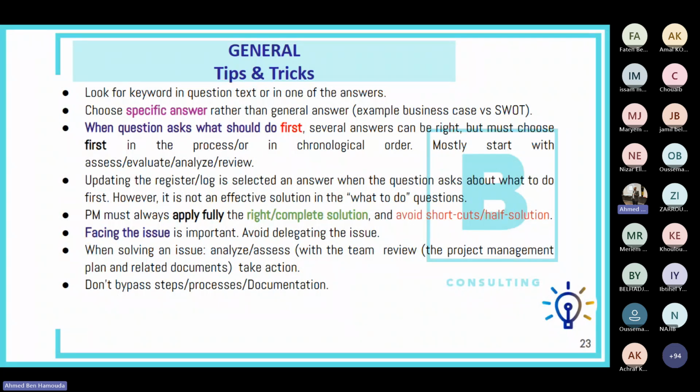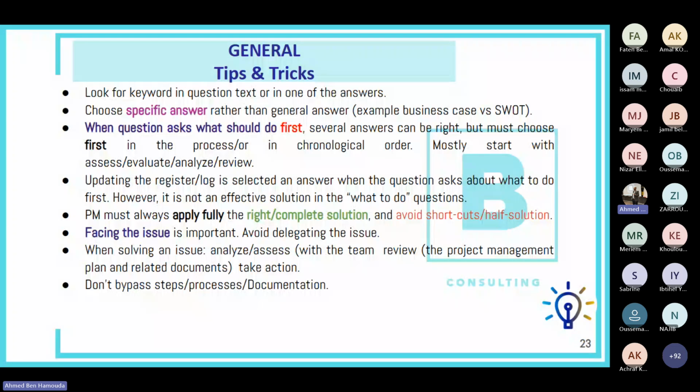When a question asks what you should do first, there can be several answers that you might think are right, but you always need to choose the answer that comes first in the process or in chronological order. We will see several questions about this. So always when a question asks what the project manager should do first, pick from the answers in front of you the one that comes first in time.